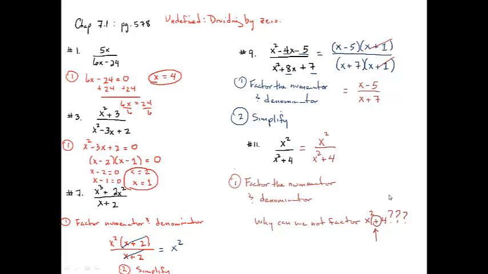It is the sum of two squares. Therefore, it's not factorable. I cannot factor this because of the plus sign. So it's not factorable, if that is even a word. Which means that this thing right here isn't factorable. Therefore, it's simplified. It cannot be simplified anymore. It's in simplest terms.